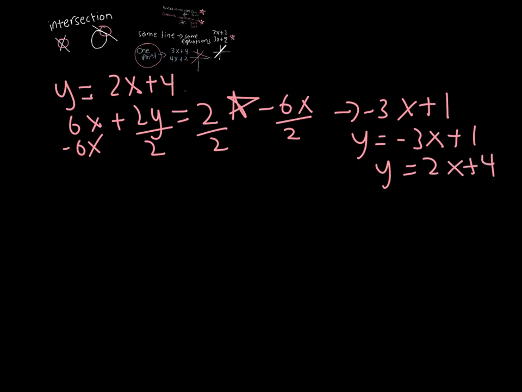So now you have y equals -3x plus 1 and y equals 2x plus 4. Now you can solve this because you can substitute this equation in for y. So what you do is -3x plus 1 equals 2x plus 4.